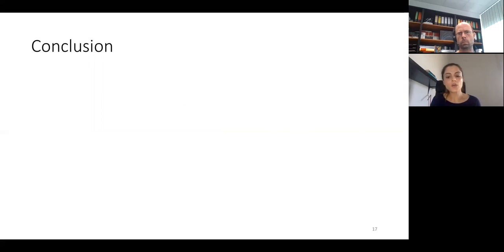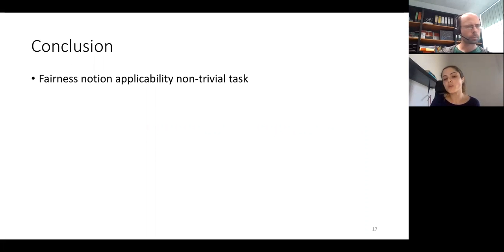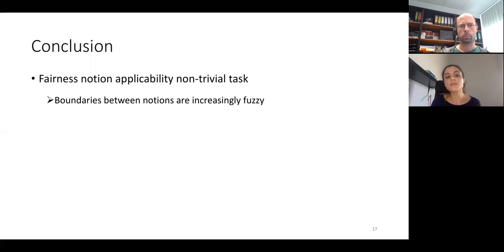Now, in conclusion, I can say that with the increasingly large number of existing fairness notions, selecting the most suitable fairness notion is not a trivial task. There are many contributing factors to that. First, the boundaries between notions are increasingly fuzzy.